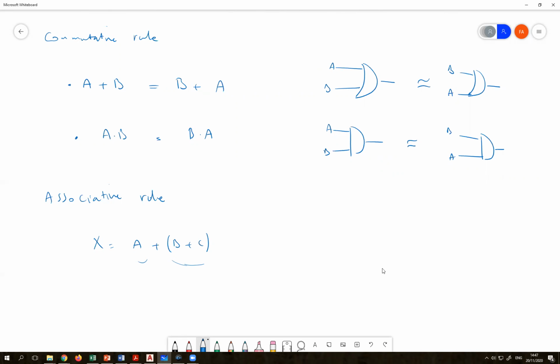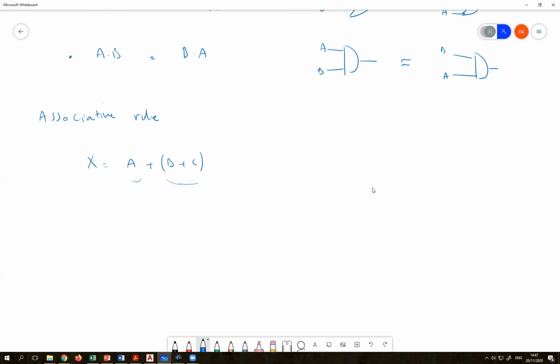Here, if I want to draw that, I have A or B or C. This is an OR gate. So if I have this, it's exactly the same if I change the order. I say A or B or C. So it means that I can change the place of the OR gates if I have only OR gates there.